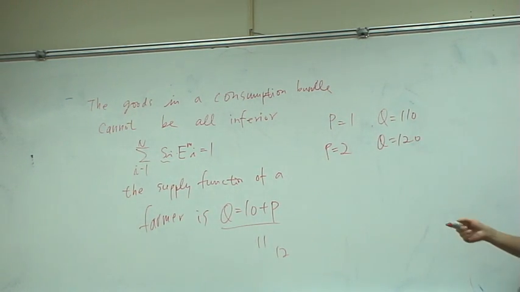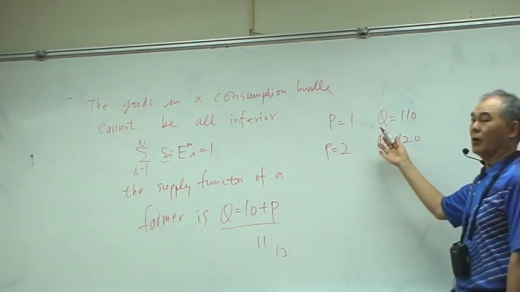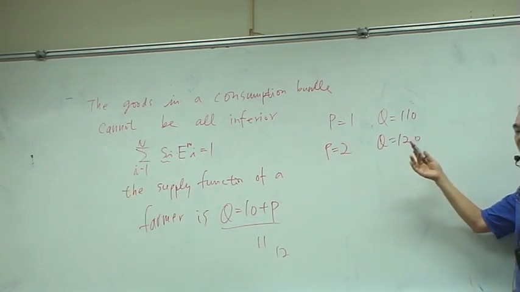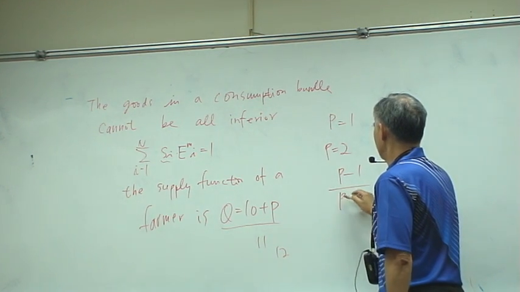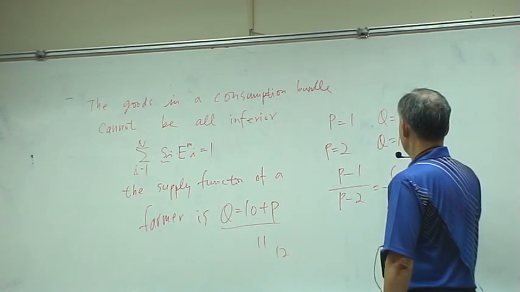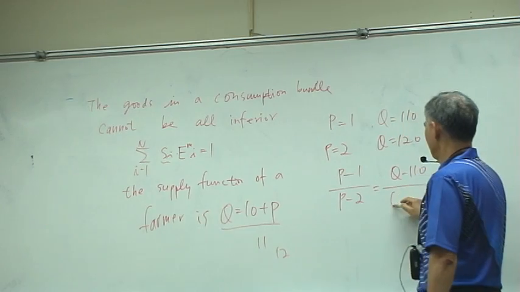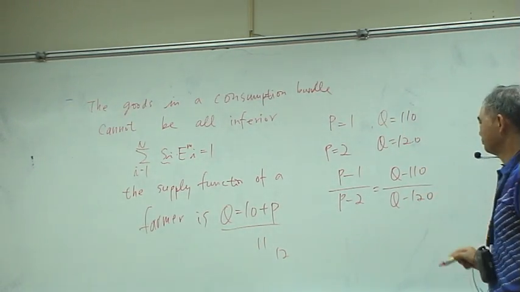And so from this we have 2 points, right? If you have 2 points, then we get to the line. So P minus 1 and P minus 2. Here you have Q minus 110, Q minus 120.